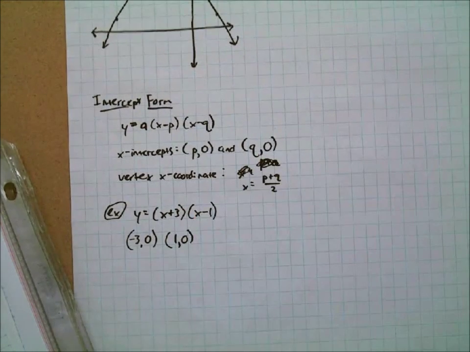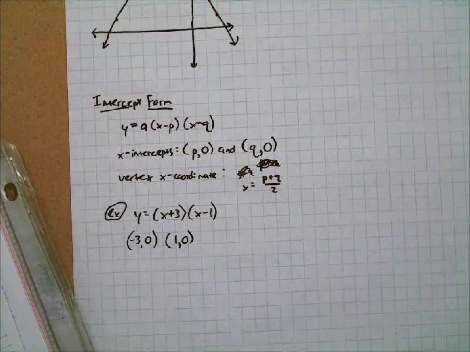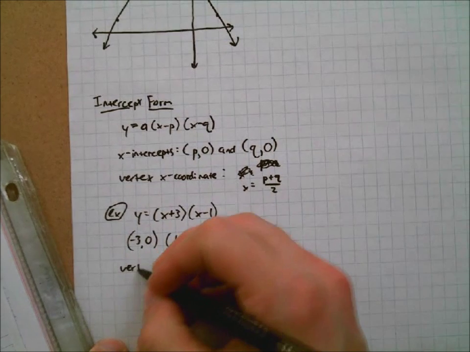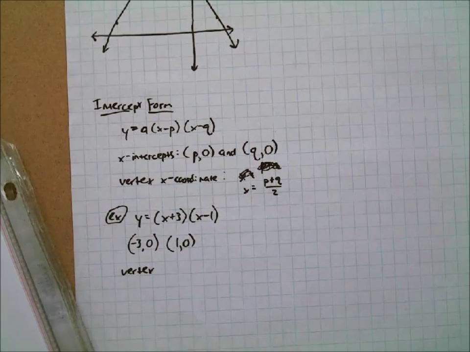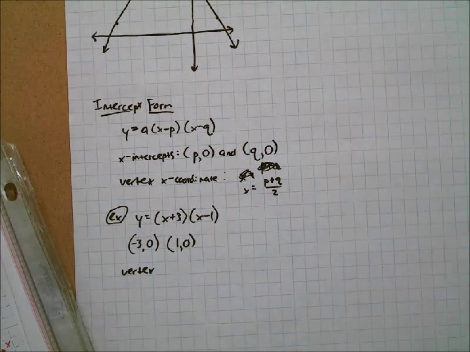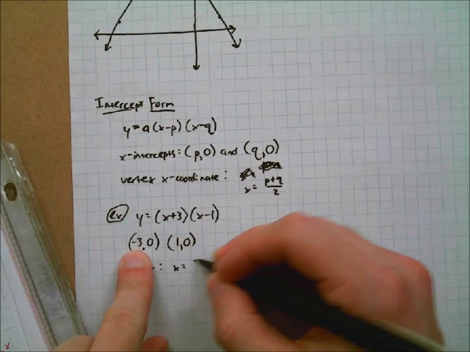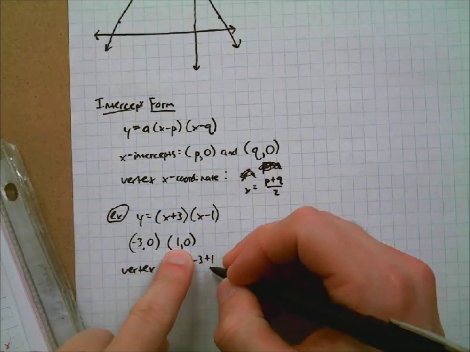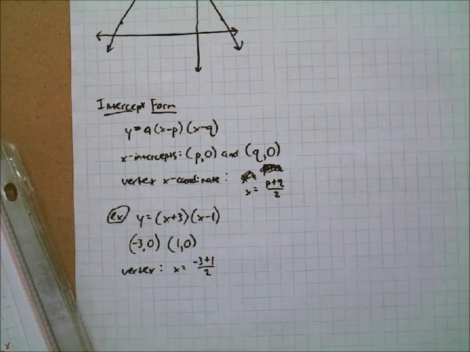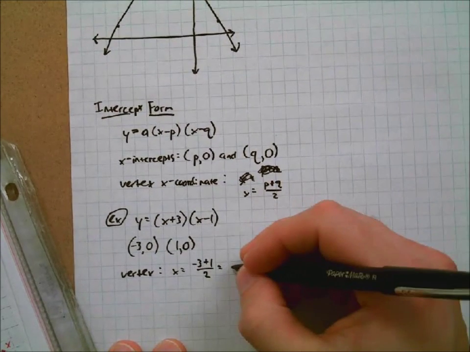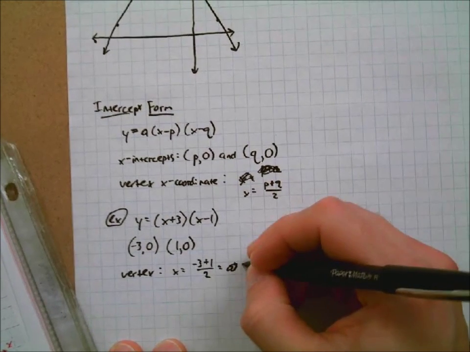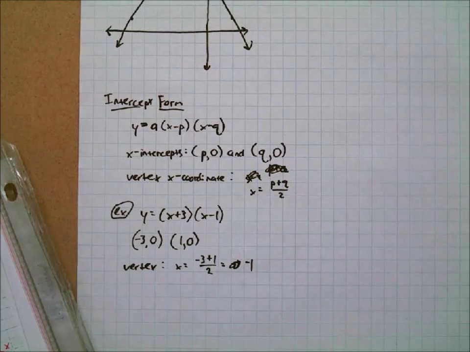Very good. So we got 2 points right away, and now we can find the vertex, using what Daniel said. So we'll take the one and the other, add them up, and then divide by 2. So -3 plus 1 is -2. Divide by 2 is -1. And then we'll plug that back in like you guys said.